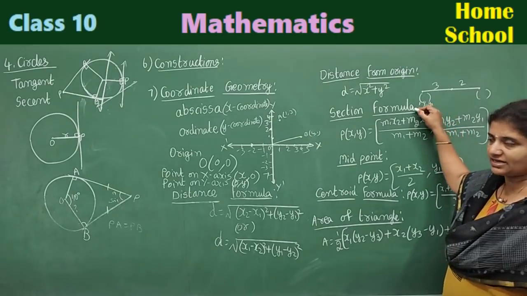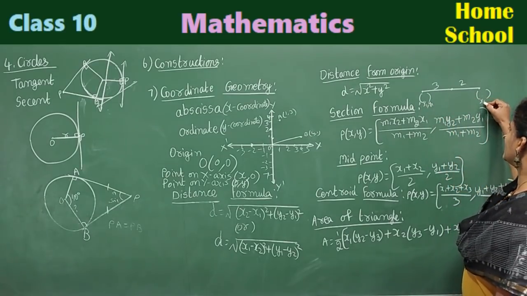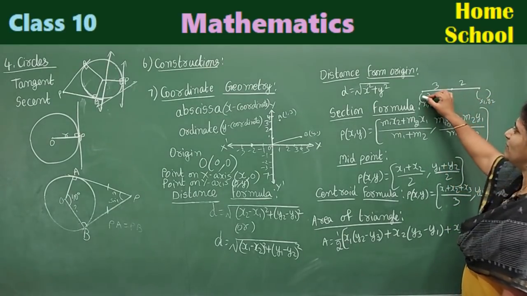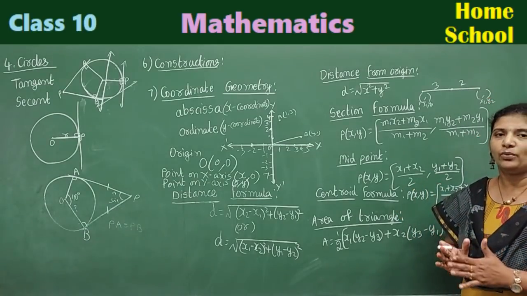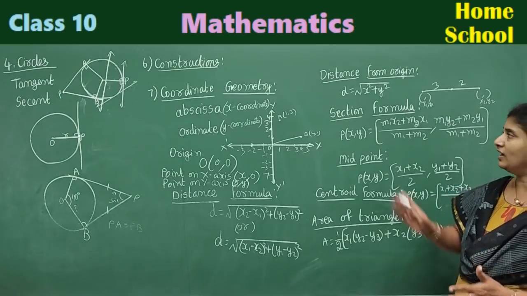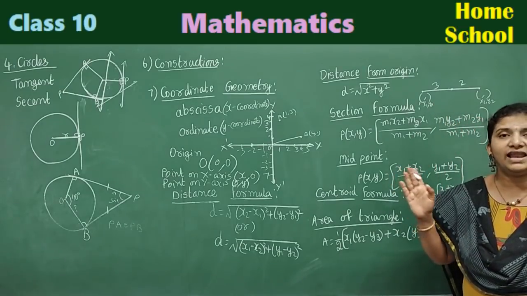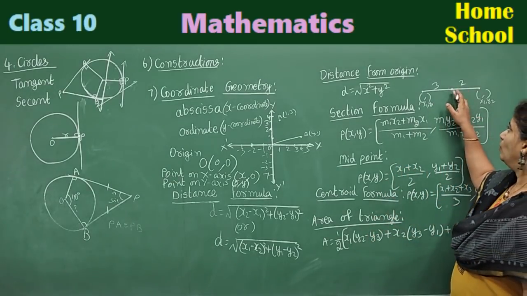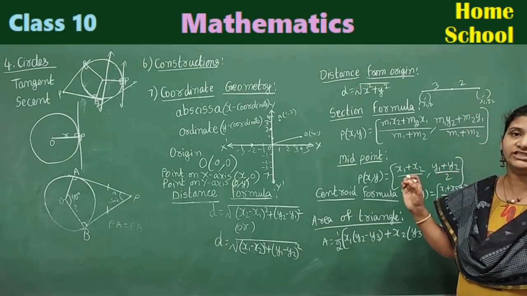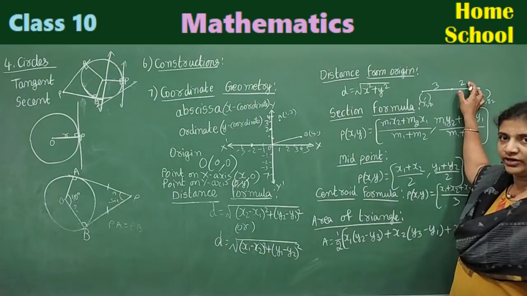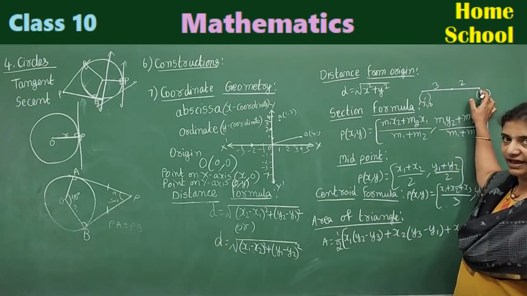I may mark it as x1, y1 and this one as x2, y2. It may be any value here. Okay. So observe here where we are going to use section formula. Division of a line segment where it is to be divided. You know the ratio of division. In 3:2 ratio, you need to divide this line.